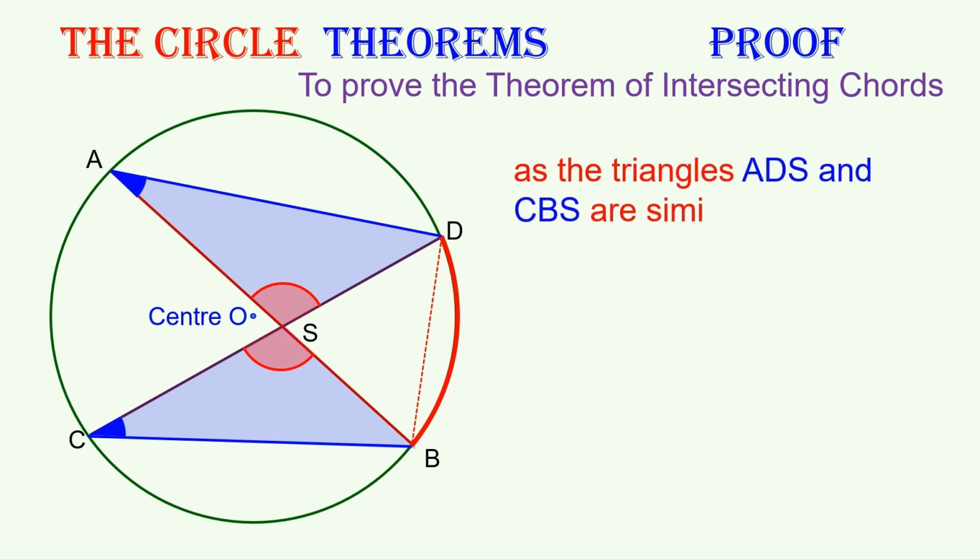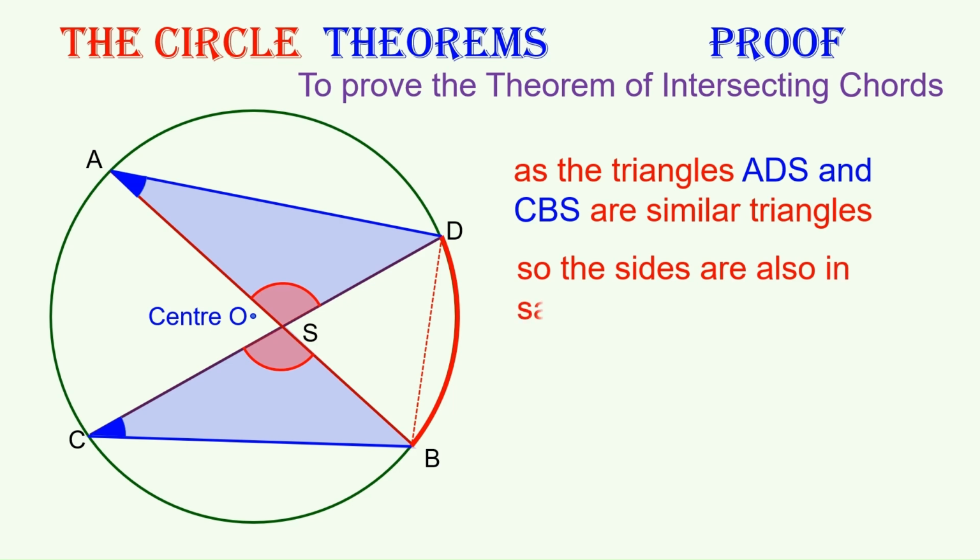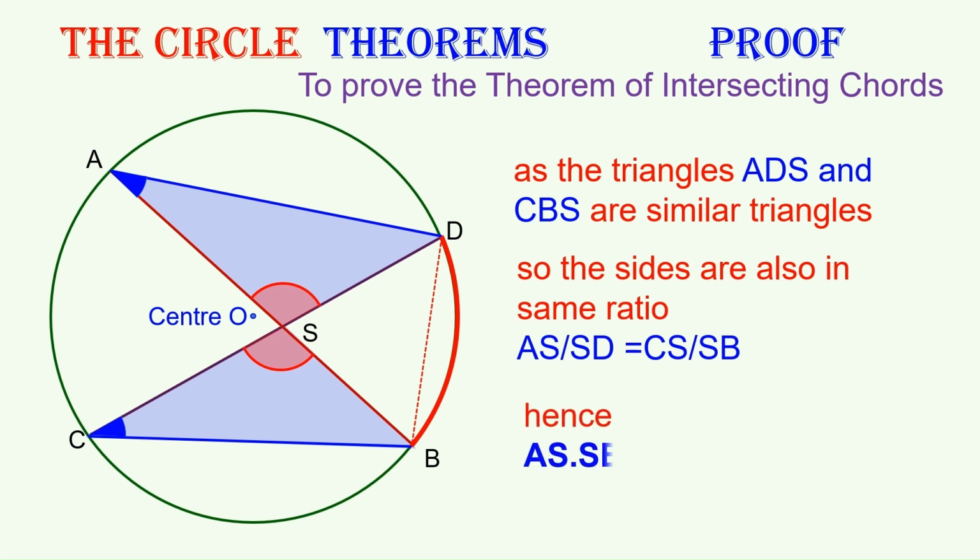As the triangles are similar, the sides of these triangles will also be in the same ratio. Side AS divided by side SD equals side CS divided by side SB. Hence the product of sides AS and SB equals the product of sides CS and SD.